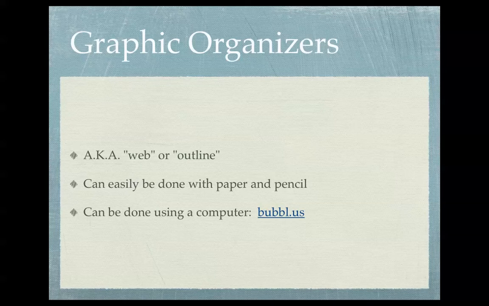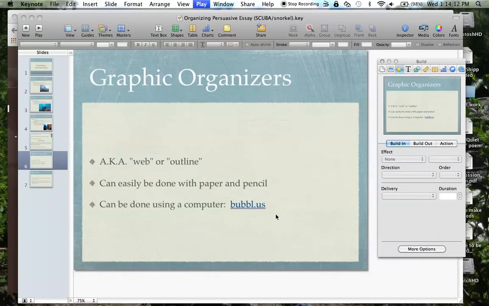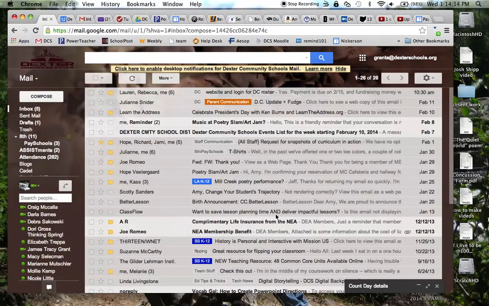You could use a program like Pages and the Shapes function and text boxes and that kind of thing. But you can also use this really cool website for free called Bubbles. And there's a link to it in Moodle. I'm going to go ahead and click on over there and show you a little bit about using this website.